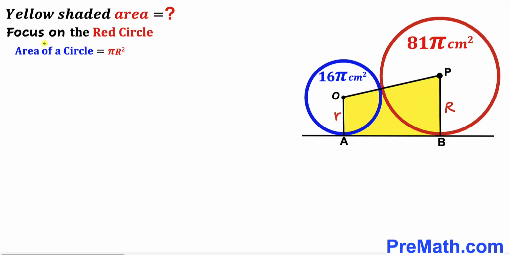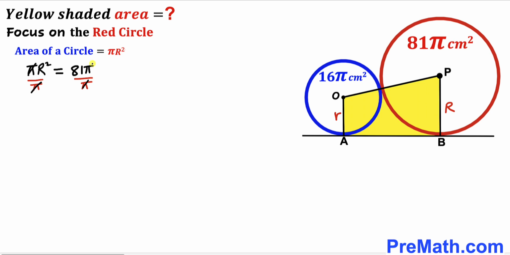Now we are going to focus on this red circle. Let's recall the area of a circle formula: area is always equal to πR², where uppercase R is the radius. In our case, the area of this red circle has been given to us as 81π. So we can write π times R² equals 81 times π. Now I'm going to divide both sides by π. This π and π is gone.